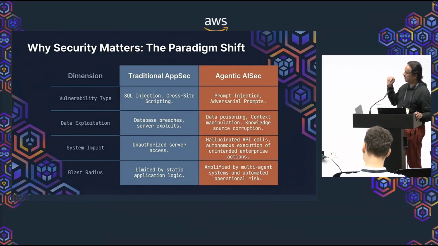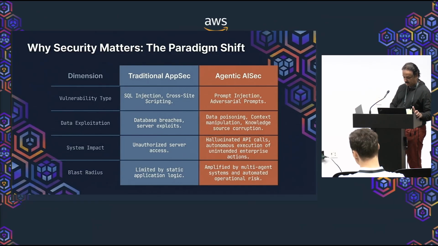And on the agentic AI side, we have prompt injection, data poisoning, context manipulation, knowledge source corruption, and the blast radius, because of the multi-agentic architecture involved.